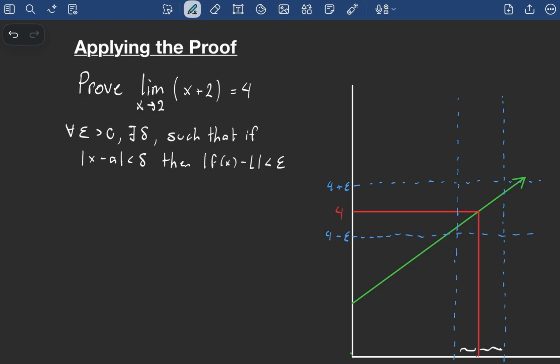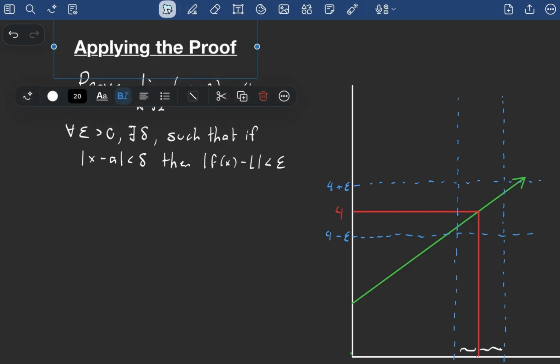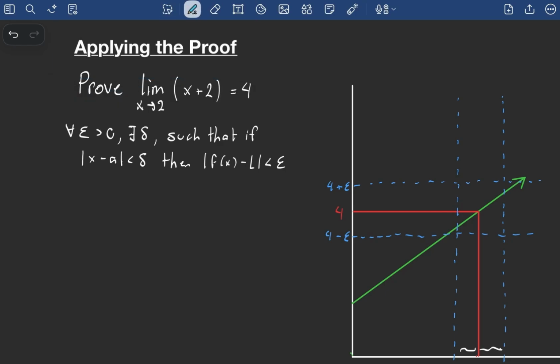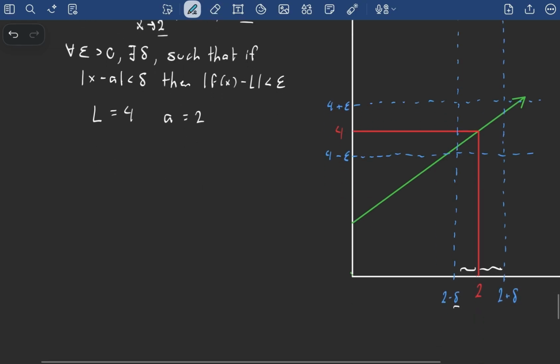So in this case, our L is equal to 4, because we're trying to prove that the limit's 4. And we have here that our A is equal to 2. So our goal is the following.